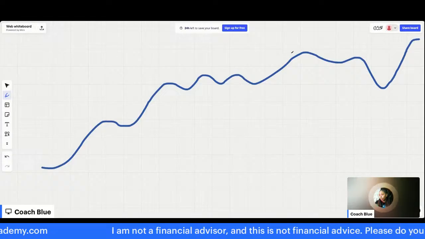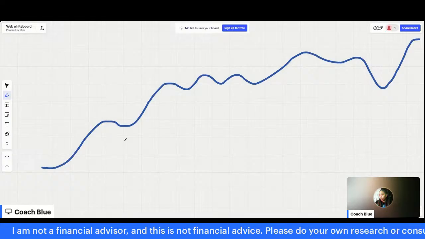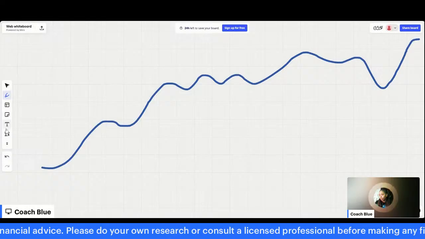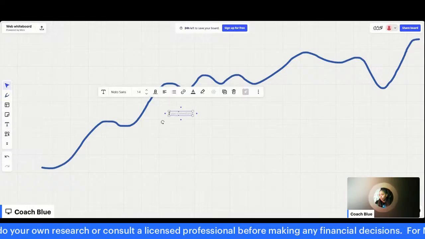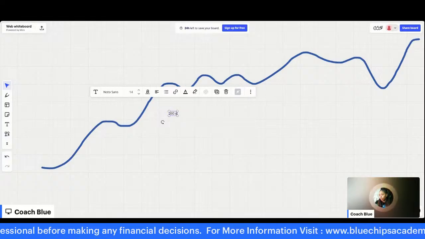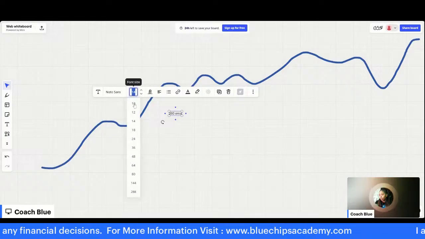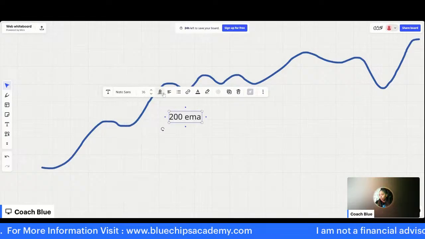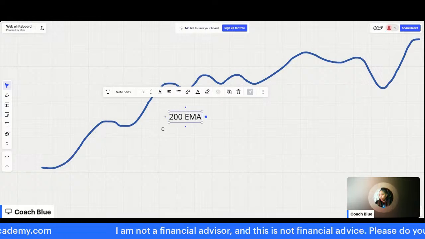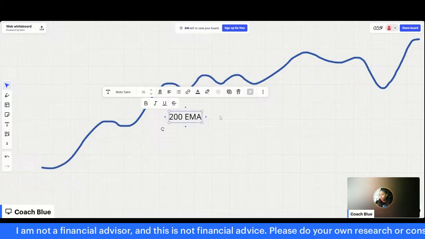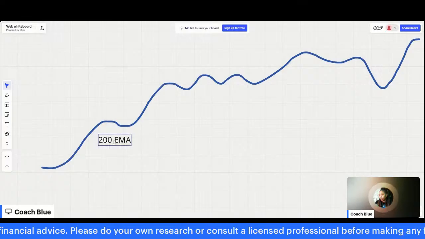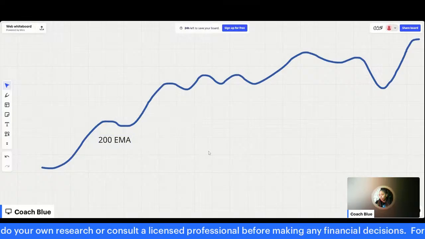That means our directional bias is looking for buys if this is the ultimate direction of the 200. I'll put 200 EMA here so you have a label for that. So you understand that this is the directional bias of your trades.